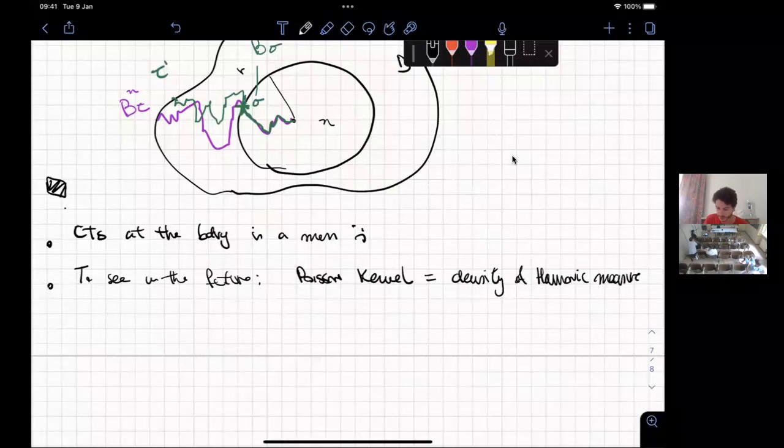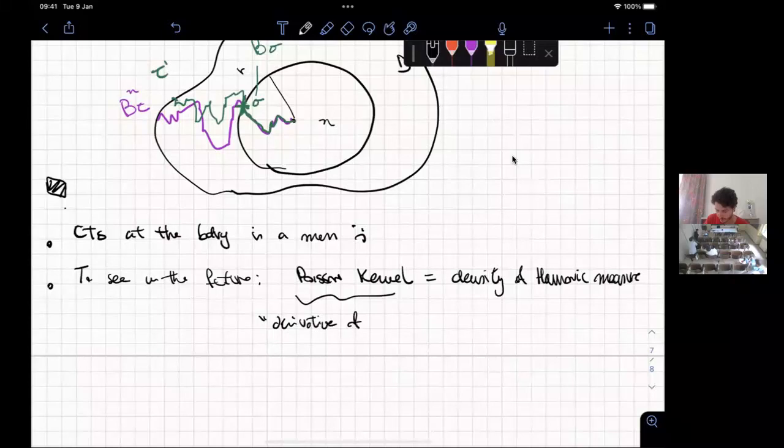And the Poisson kernel is just a sort of derivative of the Green function. This is just as a hint for what may happen in the future, and is another way to study the harmonic measure with PDE techniques.